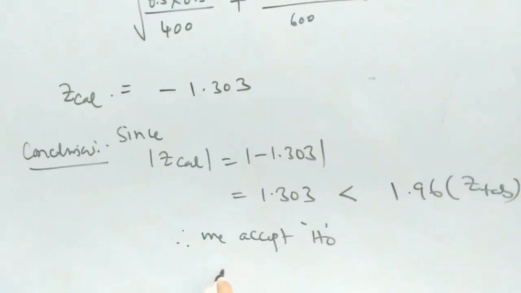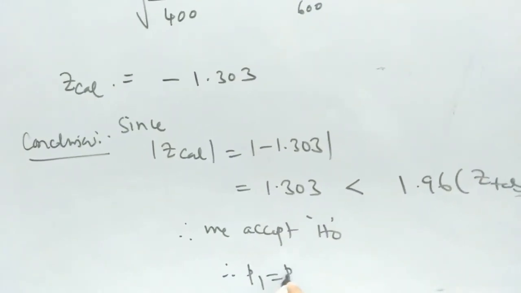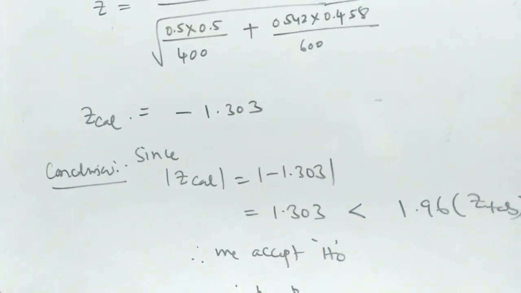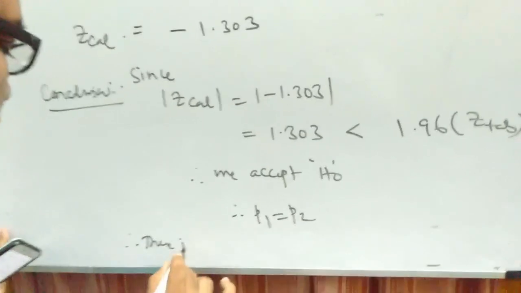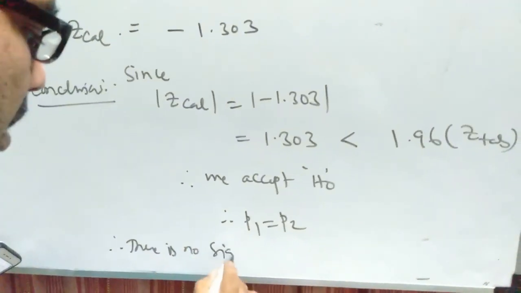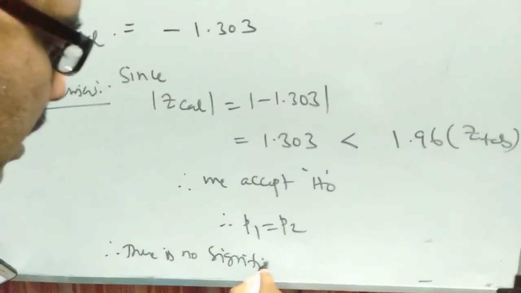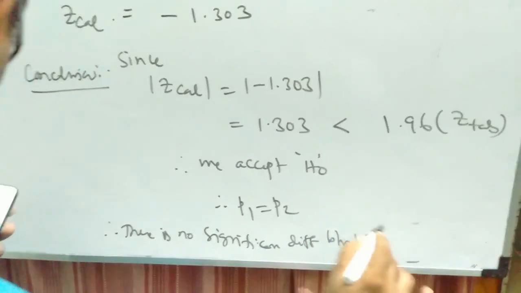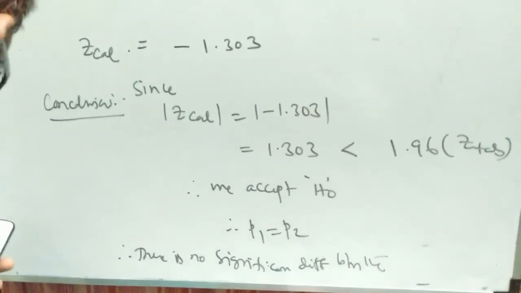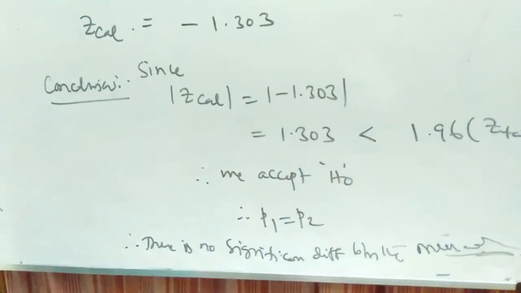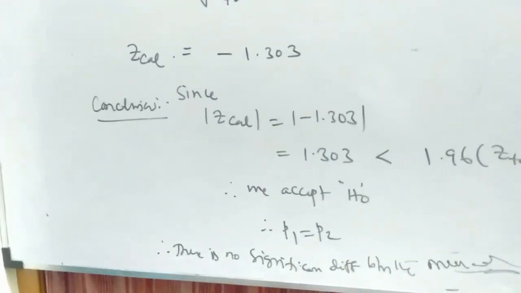Accepting H naught means P1 is equal to P2, which means there is no significant difference between the men and women proposals. Both are one and the same. That is the required solution.